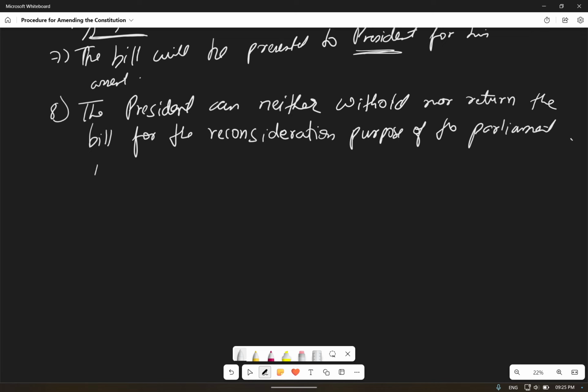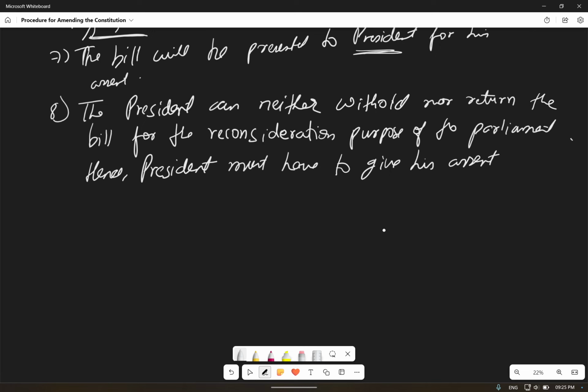Hence, the president must give his assent to the bill. So once the bill has been sent to the president, he has no option.